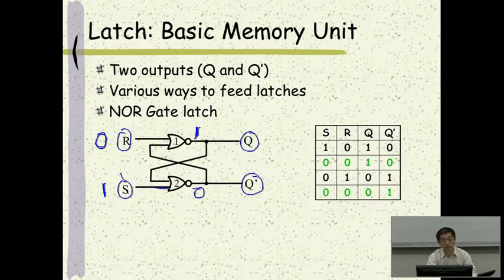And this 1 comes back, and then the 1 makes this NOR gate a constant 0. So what we see here is the circuit becomes stable. And then we have Q equal to 1 and Q prime equal to 0, complement to each other. So now let's assume that I change the signal of S to 0.